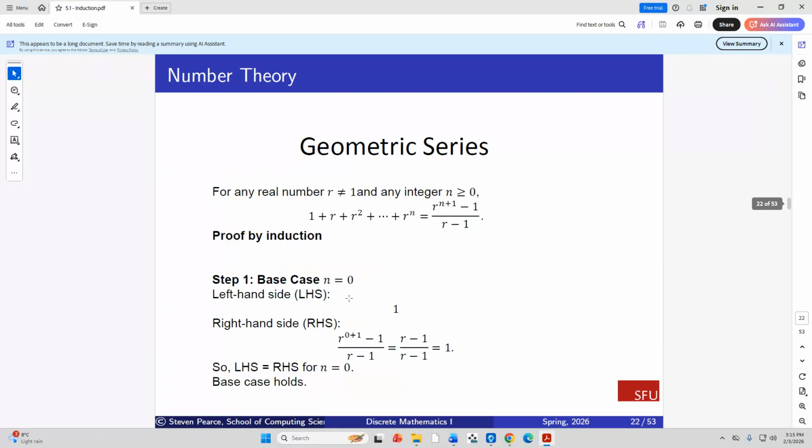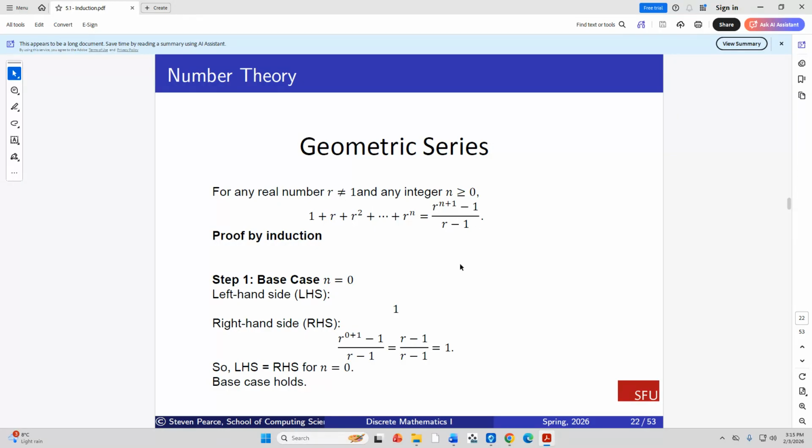So we want to prove that the sum of these terms all the way up to r to the n equals this closed-form expression, r to the n plus 1 minus 1 over r minus 1. And that's true for any positive integer n, with r not equal to 1, obviously, because you can't divide by 0.